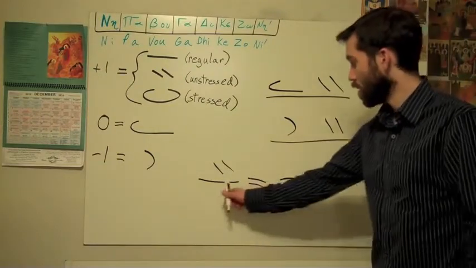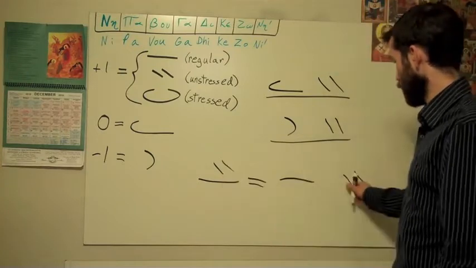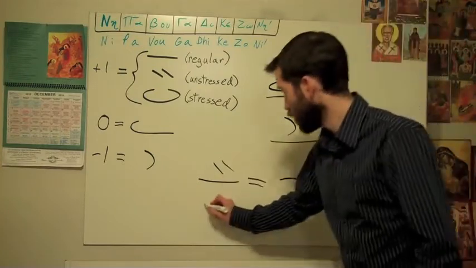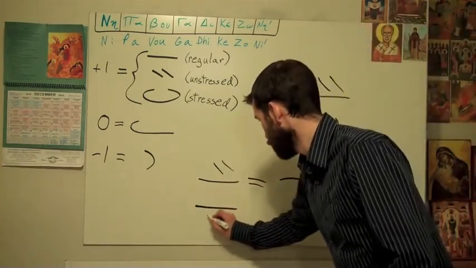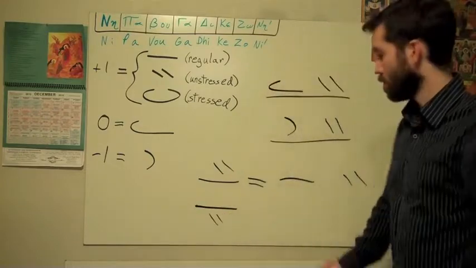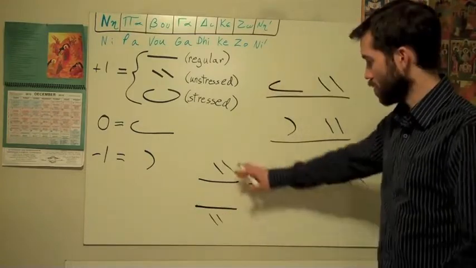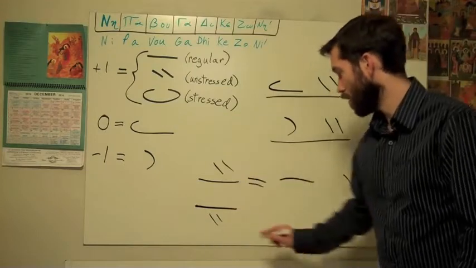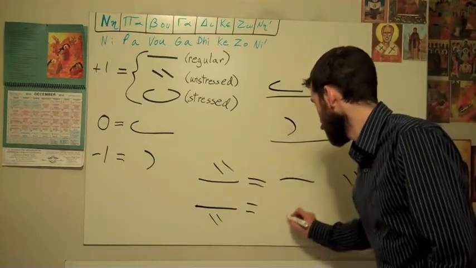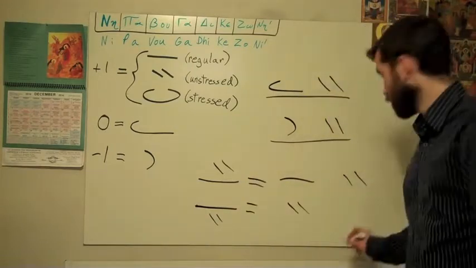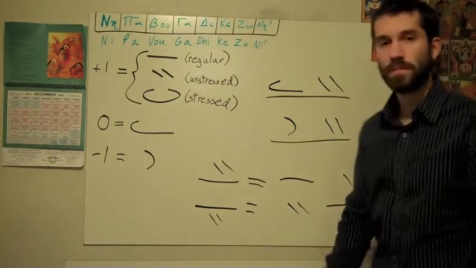So this would mean up one, up one, up one, up one. Similarly, there's another symbol, like that. Essentially the mirror image of this, where we have the kentimaton on the bottom. So this one equals unstressed, followed by an up one.